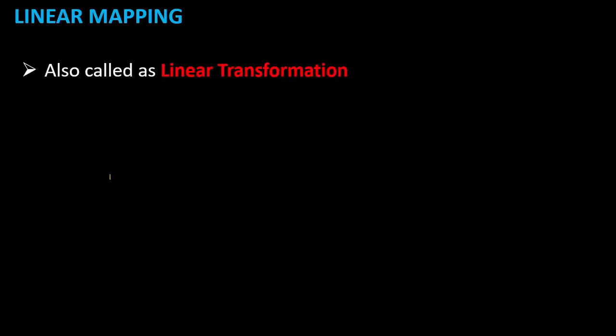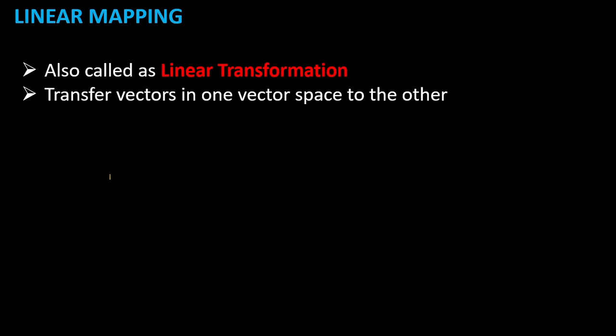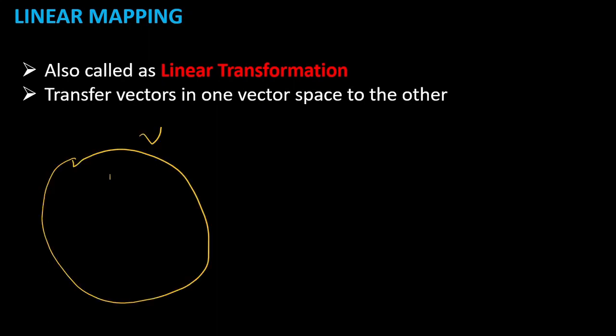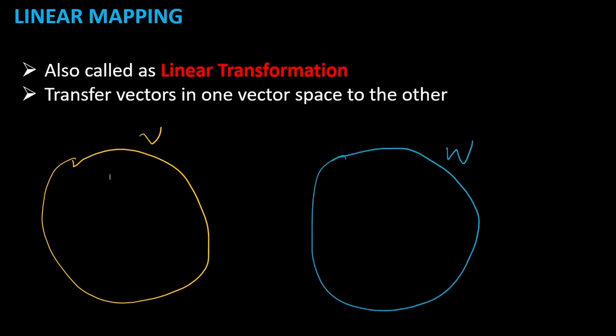Linear mapping, also called linear transformation, transfers vectors from one vector space to the other. Suppose we have one vector space V and another W, and we have some vectors in V. Assume we have three vectors in vector space V, and four vectors in W. We are transforming these vectors from V to W. Assuming we transform V1 to the vector space W, we may get W1 as its corresponding transformed vector.